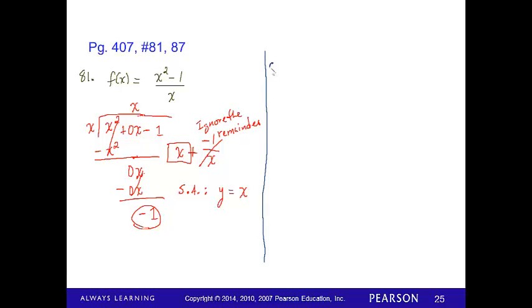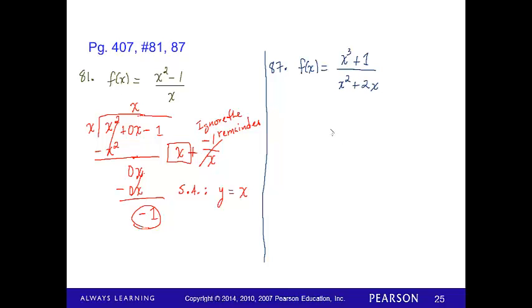Let's look at number 87. This time we have f of x equals x to the third power plus 1 divided by x squared plus 2x.